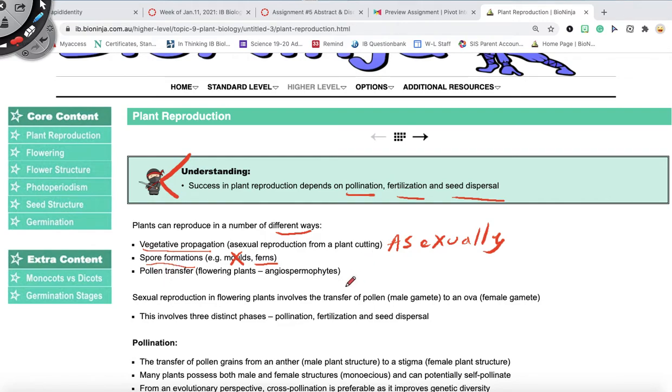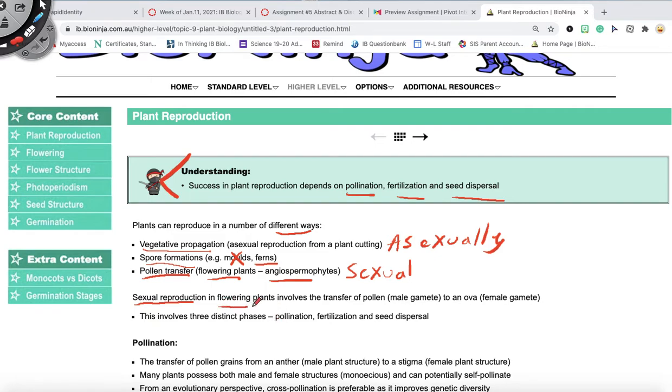And then there's sexual reproduction. And this is where transfer of pollen occurs, and this happens in flowering plants or angiosperms. So we're going to be focusing on sexual reproduction here. And pretty much everything else that we're going to talk about from this point forward is going to be sexual reproduction.